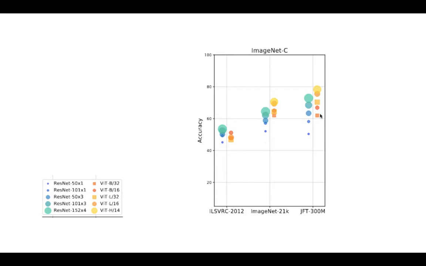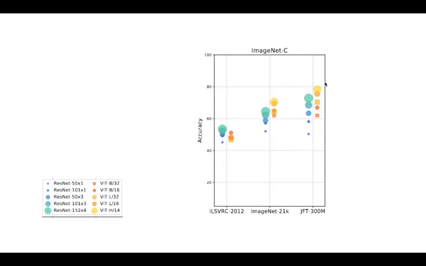But as we increase the size of our data set, we can see even the inductive bias that is inherent to ResNet does not help it beat the ViT, because there are a lot of attention heads and attention spans in the transformer.